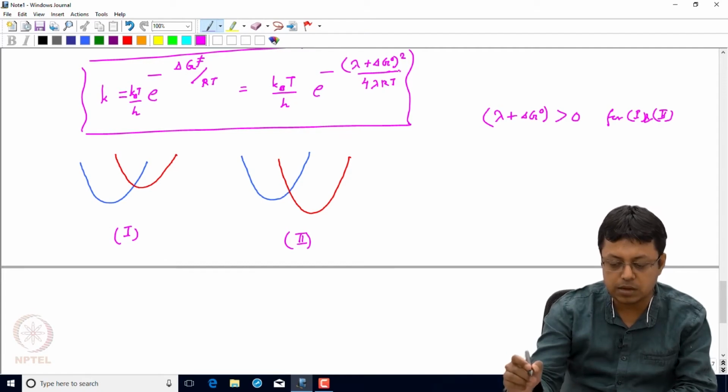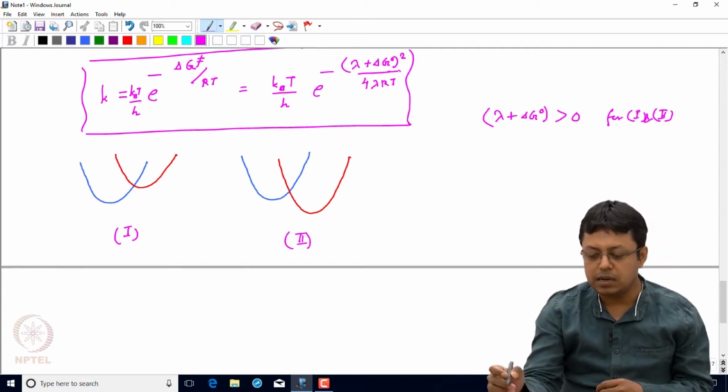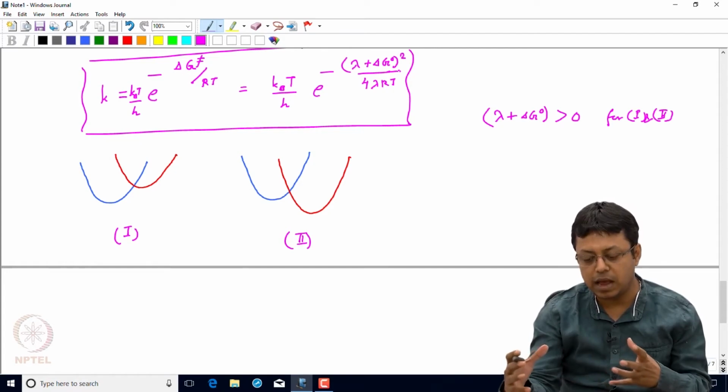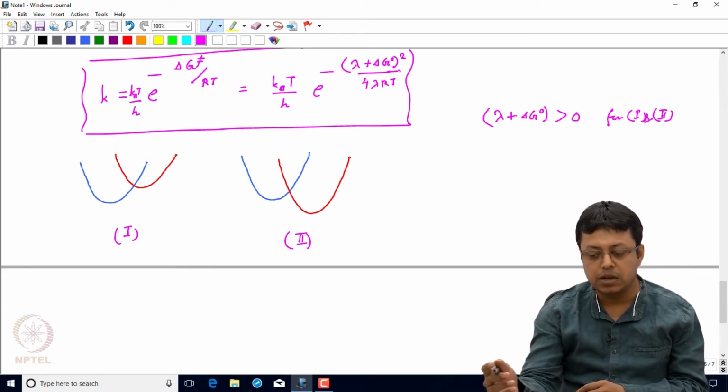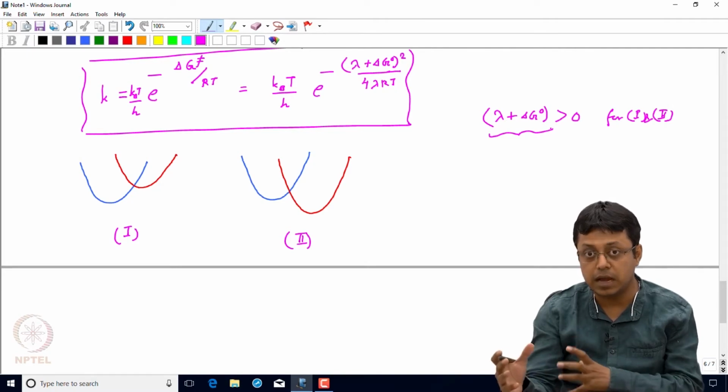So if I just plot the reaction rate with delta G0, we'll see that in this zone, I have a relationship between this free energy and the reorganization energy such that this term is always positive, then I'll have always e to the power minus a negative number. So the reaction rate is not very high.